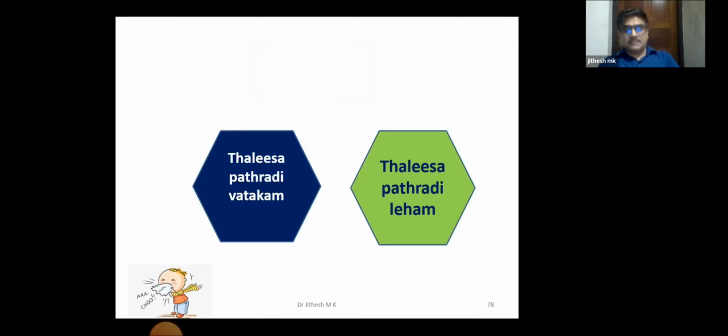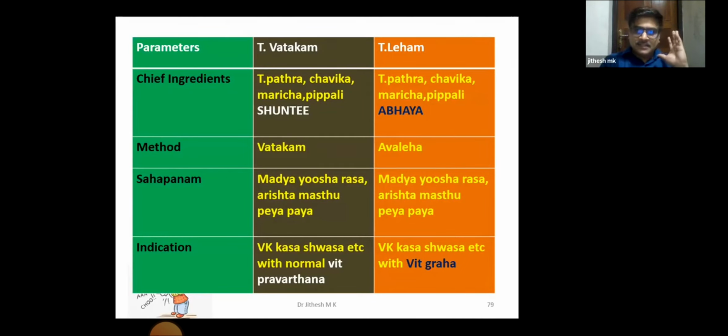Now, Talisapatradi Vatakam, only one or two are remaining. Talisapatradi Vatakam and Talisapatradi Leham. Both are just one different. The ingredients of both these medicines are Talisapatra, Chavya, Maricha, Pippali, Shunti. At the same time, in the case of Talisapatradi Lehya, Shunti is replaced with Abhaya.